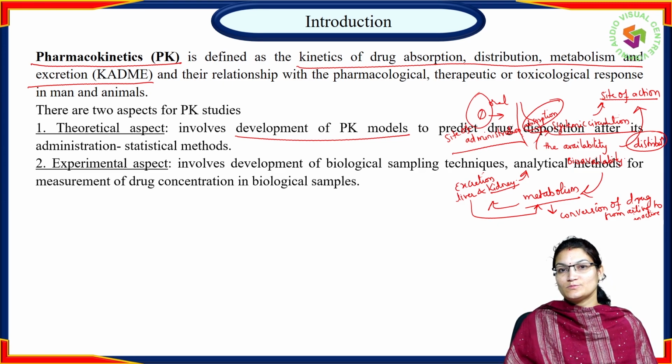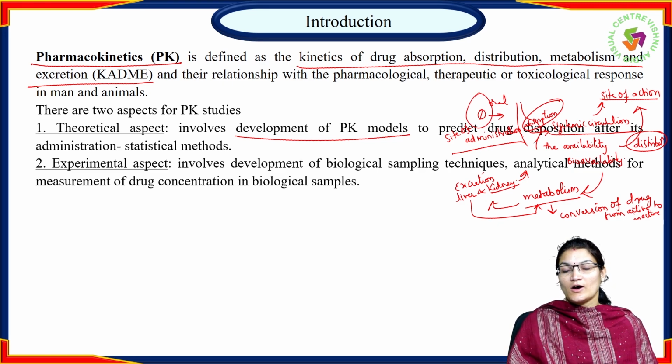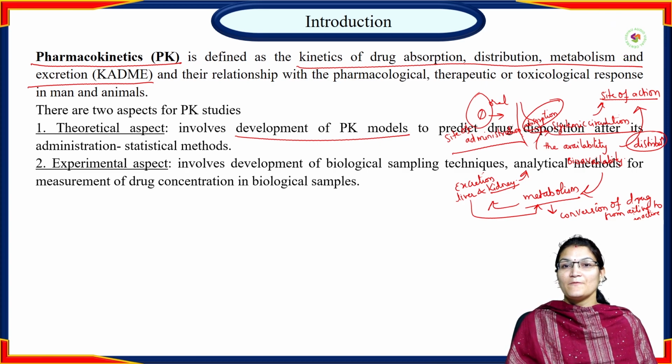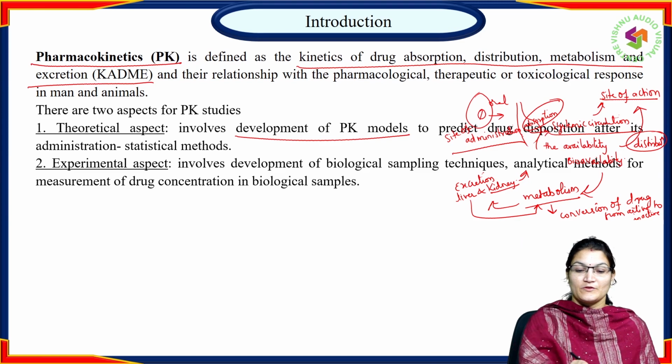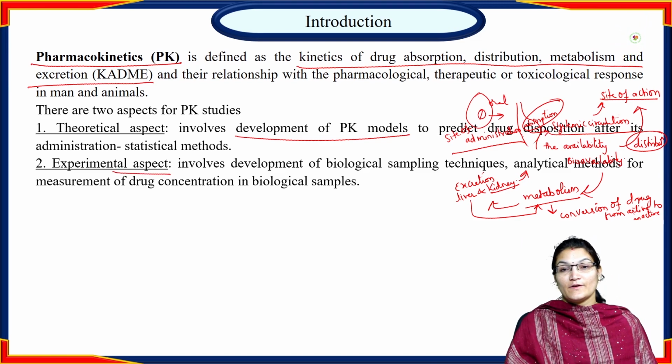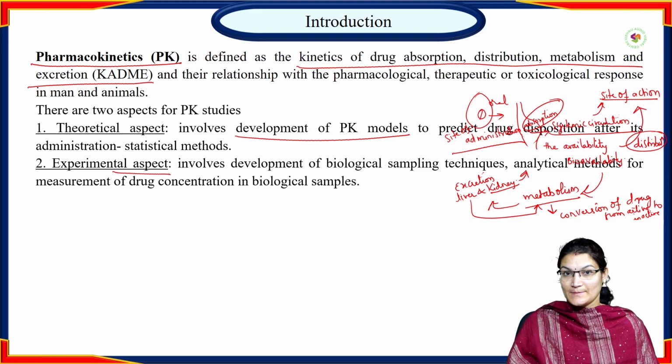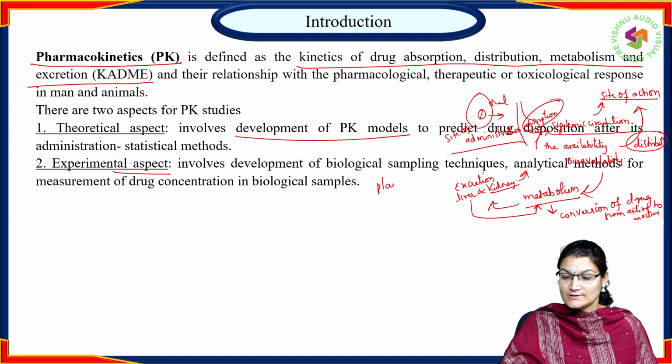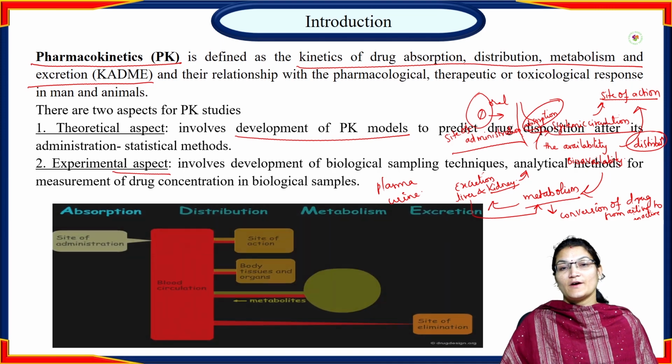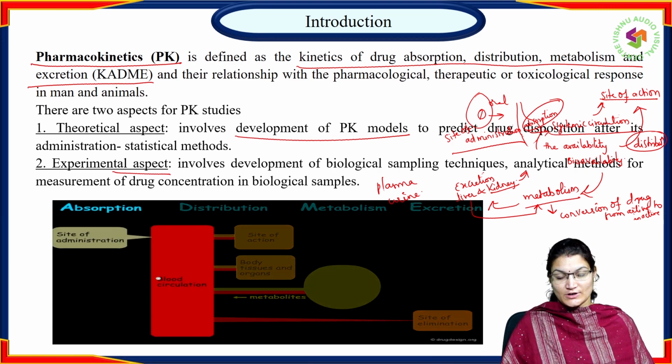We can use software or models, by using previously generated data, to predict the pharmacokinetics of the drug. We have experimental aspects where we use biological samples such as plasma as well as urine to predict the pharmacokinetics of a particular drug.